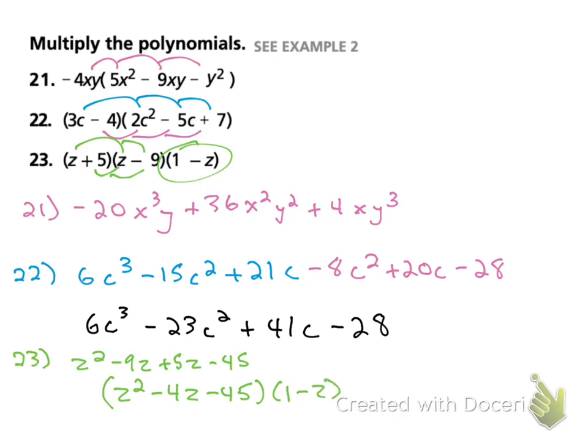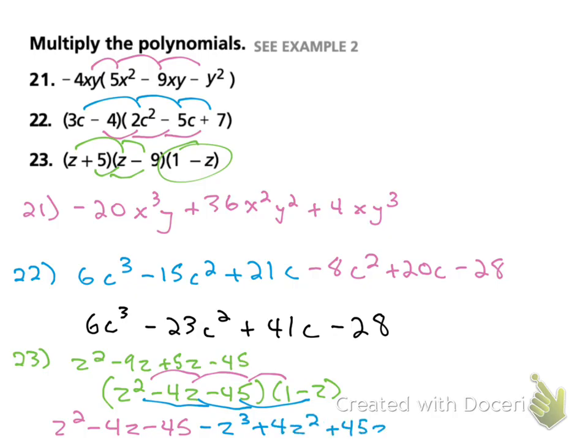So first, I'm going to distribute the 1 to all three terms, which just gives you z squared minus 4z minus 45. Then I'm going to distribute the negative z, which will give me negative z cubed plus 4z squared plus 45z.